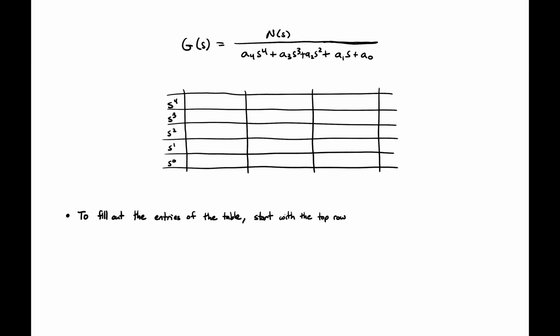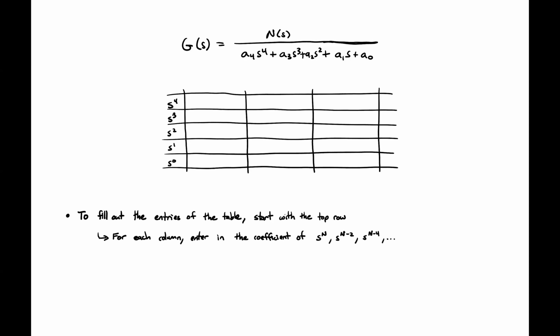So we need to fill out the entries of this table now. Let's start with the top row, so s to the 4th. We take each column and put something in it. We start with s to the n, our highest order power, and put that in the first entry.